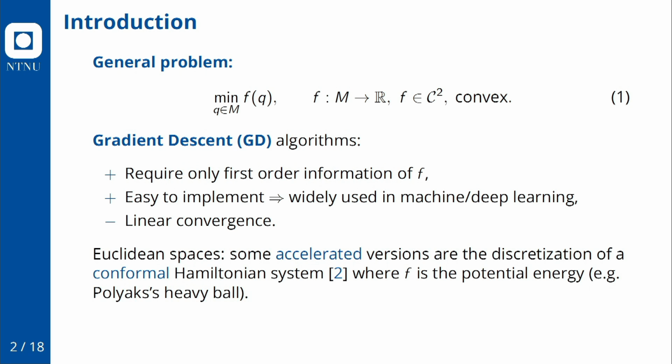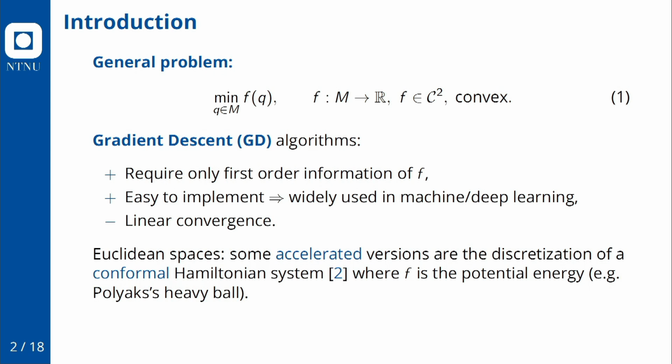For the Euclidean space, there have been attempts and methods written out that are accelerated versions of the usual gradient descent methods. I want to mention one of them, which you may know, Polyak's heavy ball method or classical momentum.